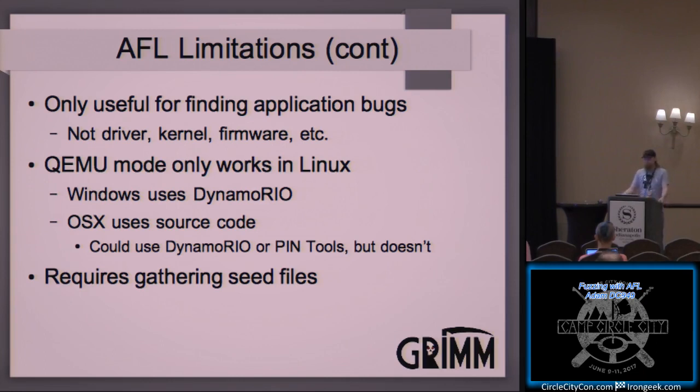On OS X, there isn't any dynamic way to do it built in. Everyone seems to be using source code. So if you have source code, great, you can use AFL. If you don't have source code, you can port it to use DynamoRIO like the Windows one does, and that would work. It's a lot of work. No one's done it yet, or at least if they have, they haven't published it.